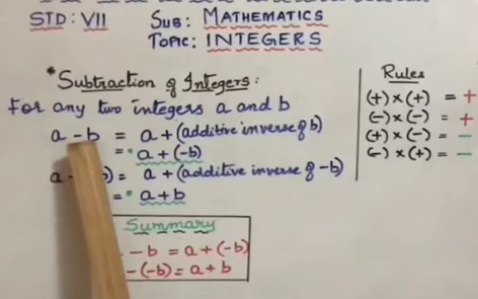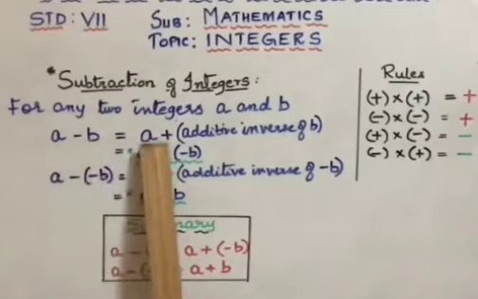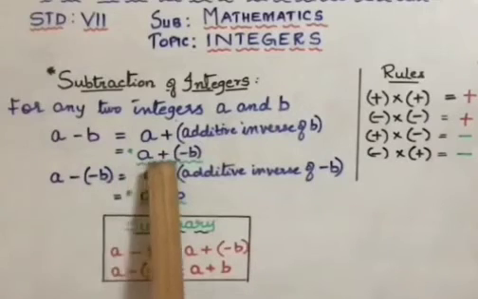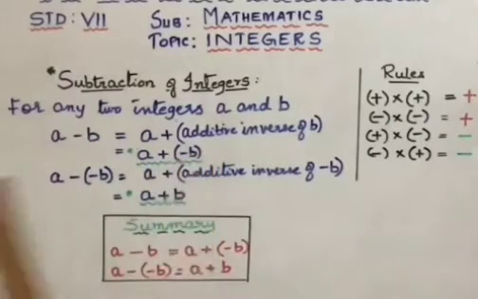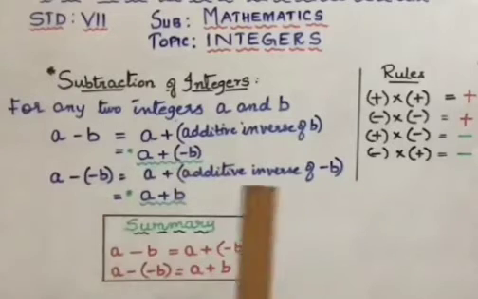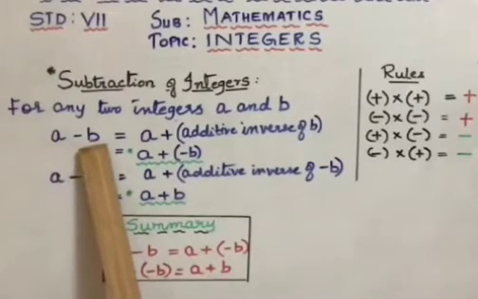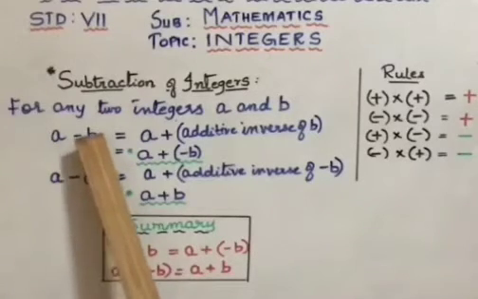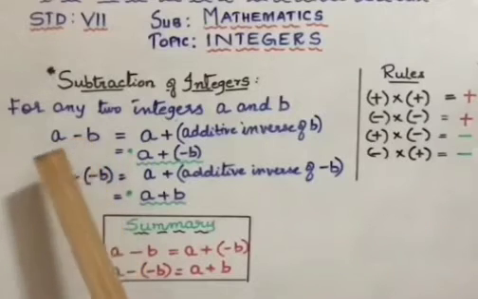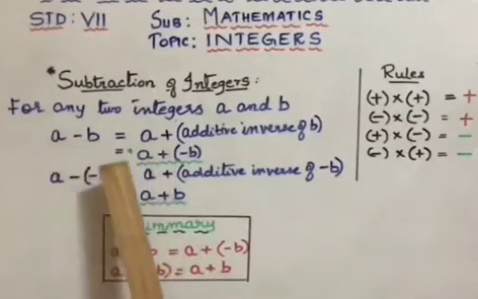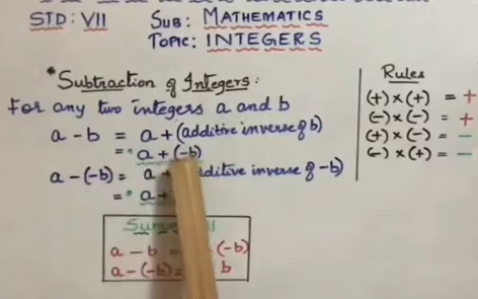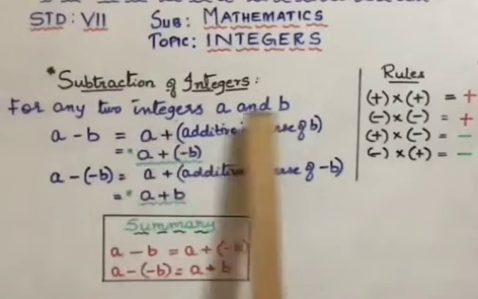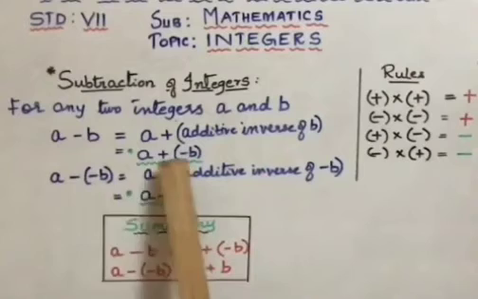So a minus b is a plus additive inverse of b, so it is a plus of minus b. A, b are integers, children. This is in general. What we have to do is add the additive inverse of the second integer. That's what I have done.